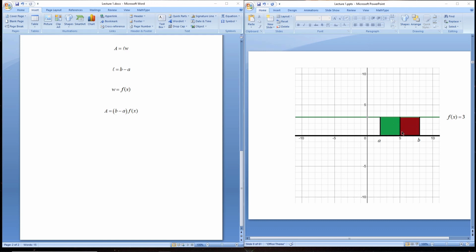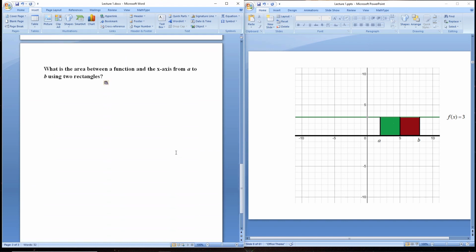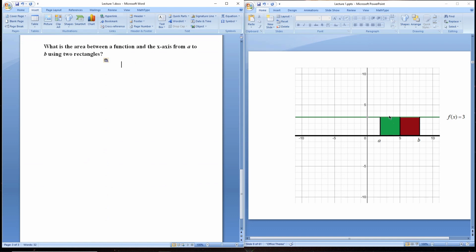I know this doesn't make too much sense and why you would do this for a rectangle, because you most likely wouldn't, but this does help us develop where we're going to go to. So the next question that we want to answer then is, what is going to be the area between a function and the x-axis between A and B using 2 rectangles?